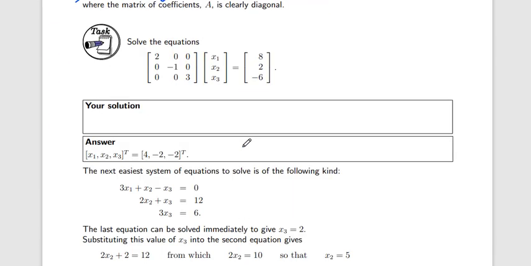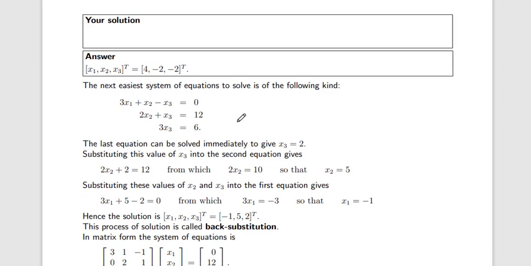Okay, let's talk about the next equation. Here we have x1, x2 and x3 in the first equation. In the second equation we only have x2 and x3. Here 0 x1 plus 2 x2, and in the third equation 0 x1 plus 0 x2.